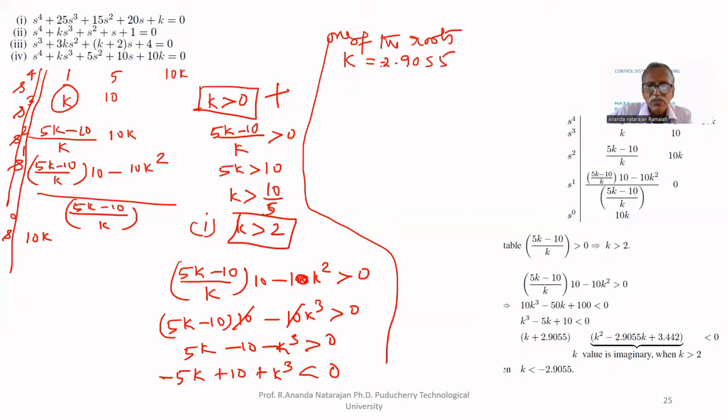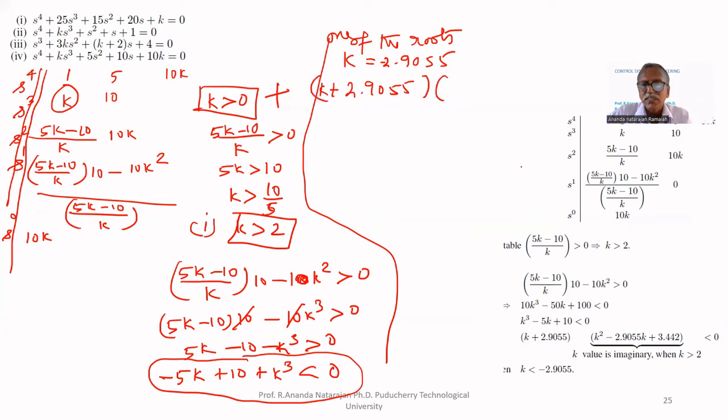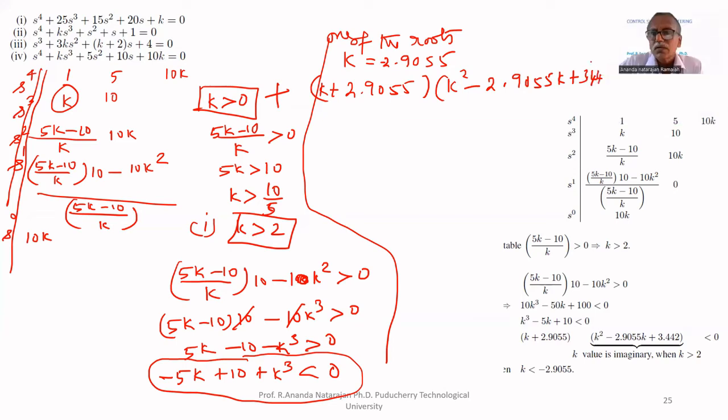Therefore, we can do synthetic division, and this polynomial can be written as (K plus 2.9055), and if you do synthetic division you will get (K square minus 2.9055K plus 3.442) should be less than 0.